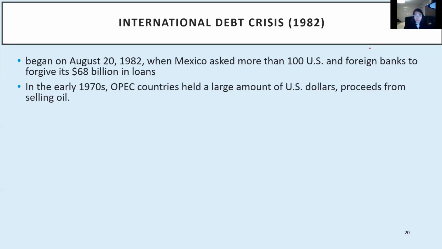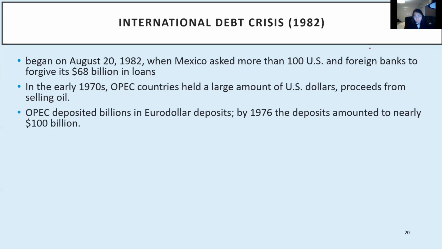The problem started in the early 1970s. That was when the oil countries, the OPEC countries, started to hold a lot of savings in USD, the proceeds from selling oil. They were looking for investment banks, commercial banks, and so on, to invest this liquidity windfall.